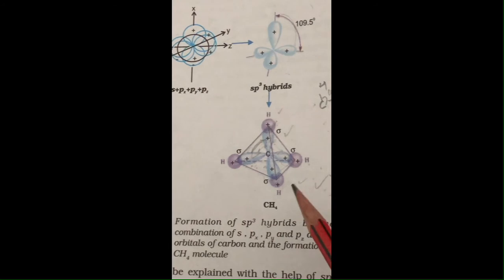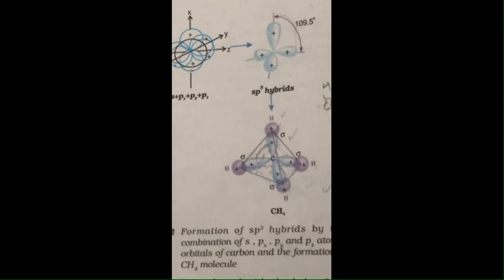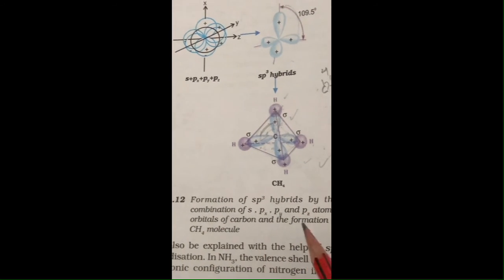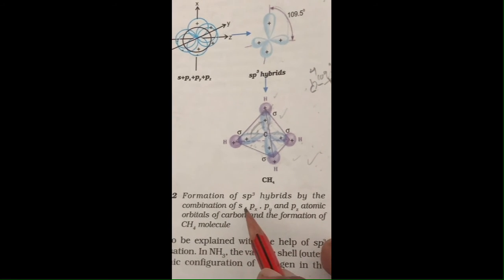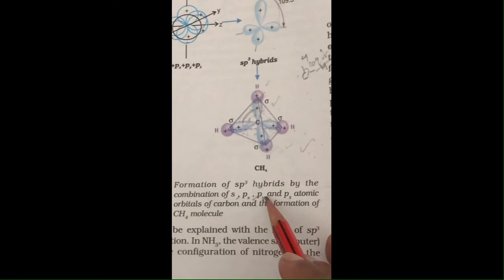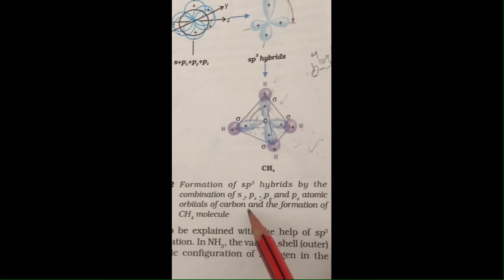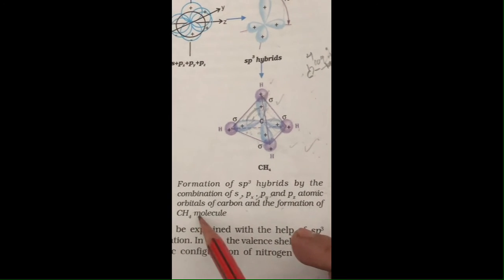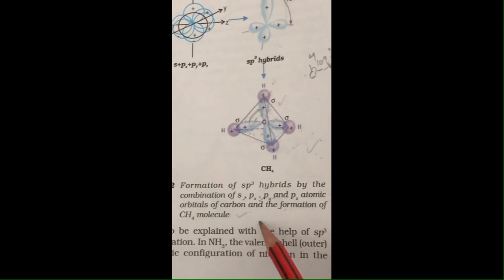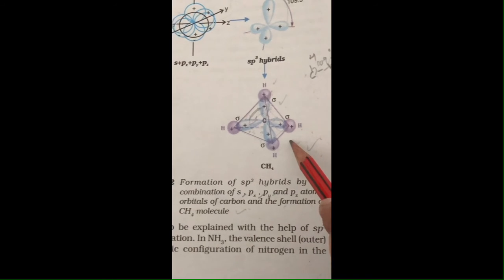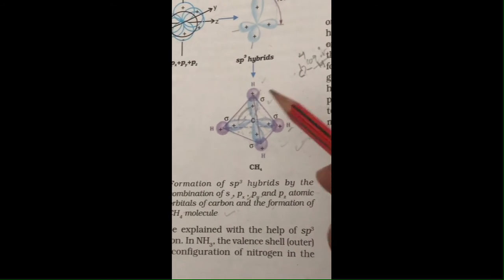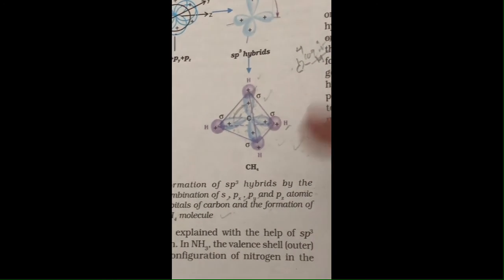So this diagram is showing you the formation of the sp3 hybrids by the combination of 1s orbital, px, py and pz atomic orbitals of the carbon and the formation of the CH4 molecule, that is the tetrahedral geometry it is going to have. And in a tetrahedron there are 4 faces.